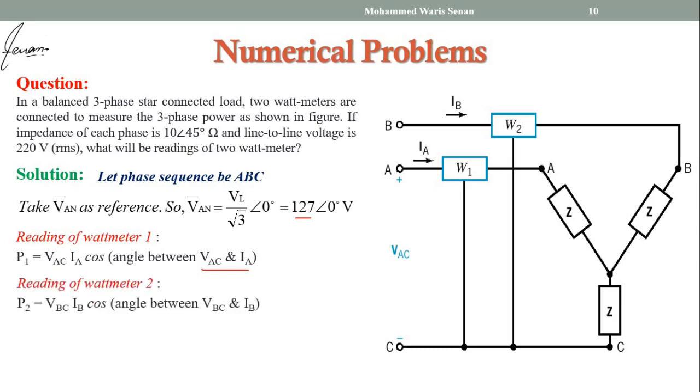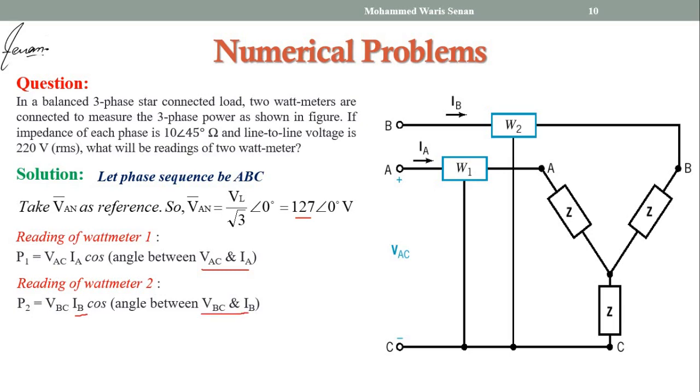Now wattmeter 2 reads P2 equal to VBC, since its potential coil is connected across phases B and C, and the current through the current coil is IB. So P2 is VBC into IB, into the cos of the angle between VBC and IB.